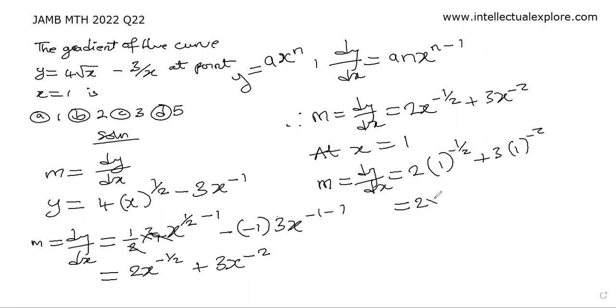So that will be 2 times 1, plus 1 raised to the power of minus 2 will still give you 1, that's 3 times 1. So this will be 2 plus 3, which equals 5. So therefore, the gradient of this curve at point x equals 1 is 5.